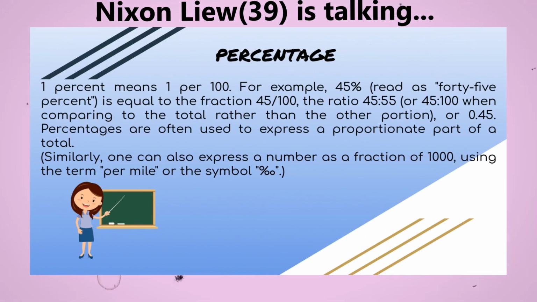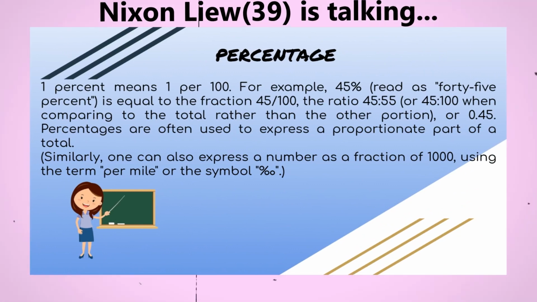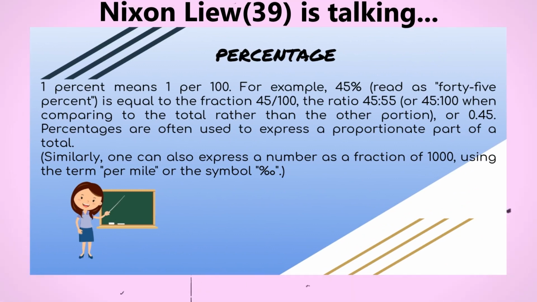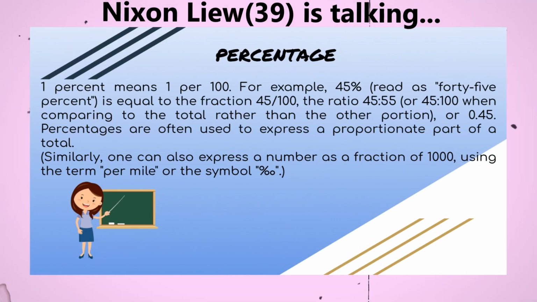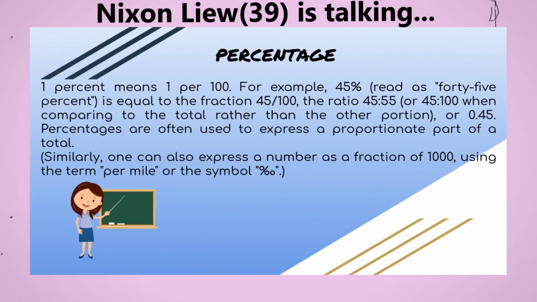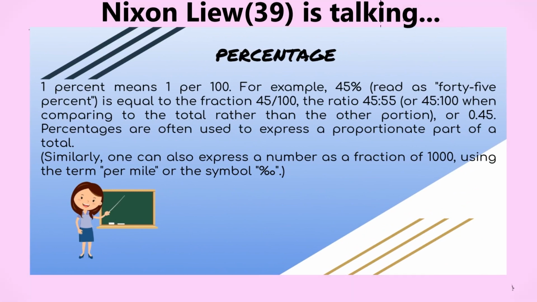Percentages are often used to express a proportionate part of a total. Similarly, one can also express a number as a fraction of 1,000 using the term per mille or its symbol.